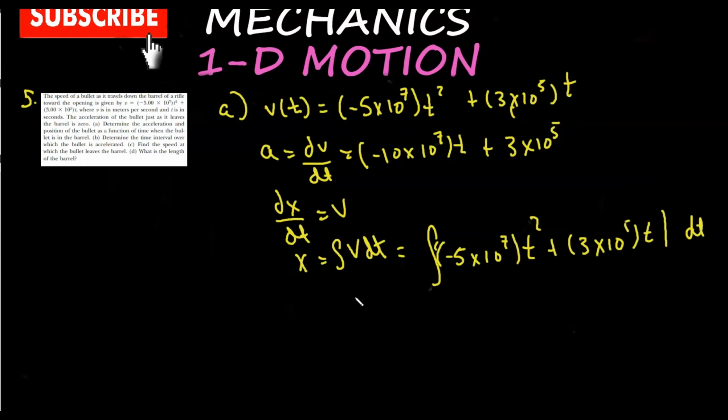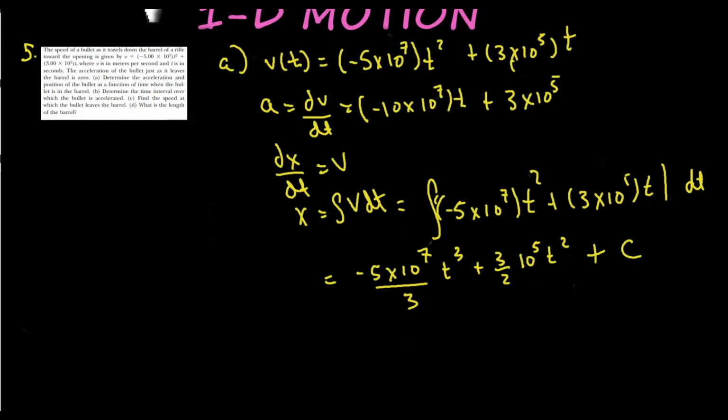So we know how to do this. We end up getting negative 5 times 10 to the 7 over 3 t cubed plus 3 over 2 times 10 to the 5 t squared. But we have a constant as well, don't forget that, because it's an indefinite integral.